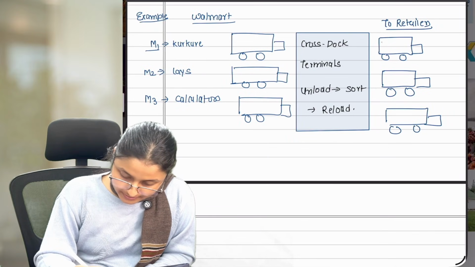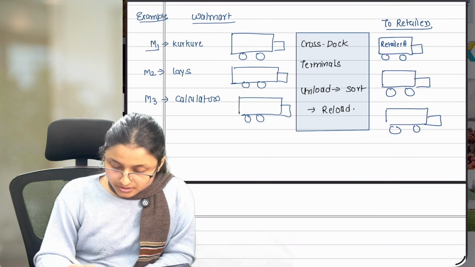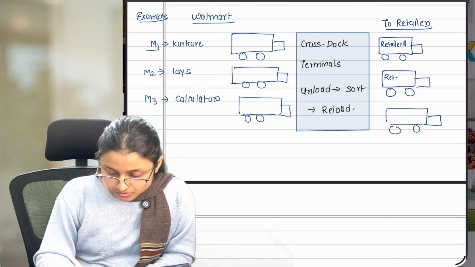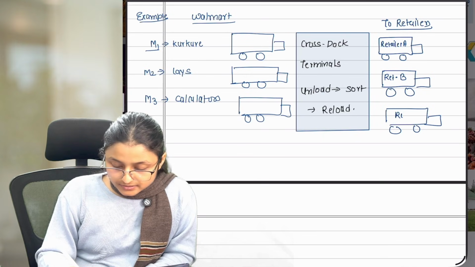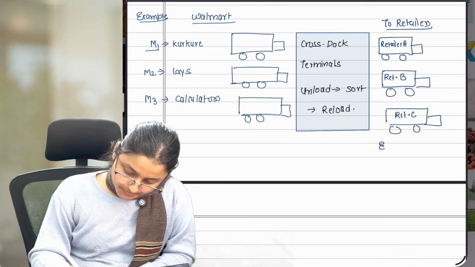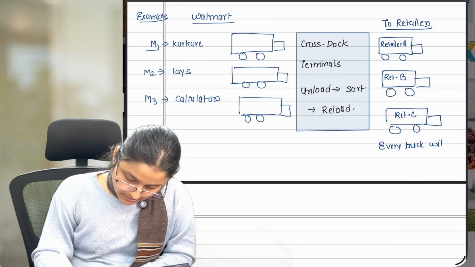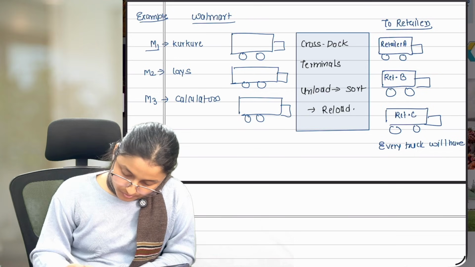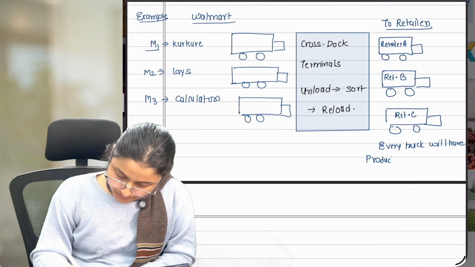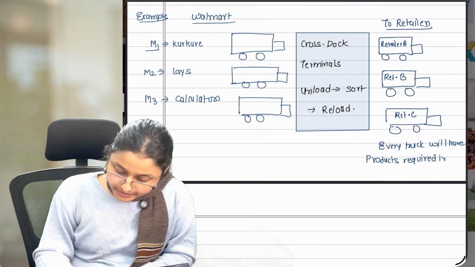This is, let's say, retailer A. This truck is going to retailer A. This is going to retailer B. And this is going to retailer C. Every truck will have products required in that retail store.